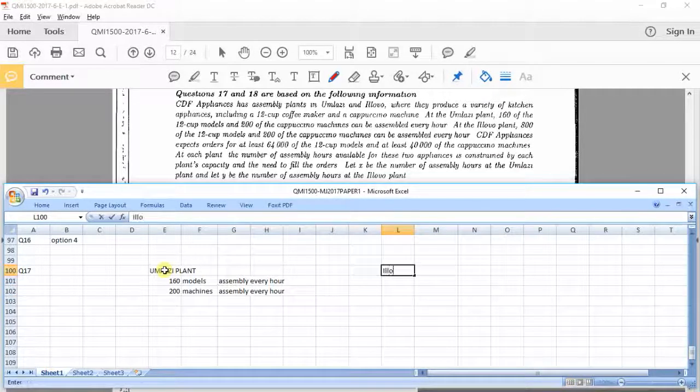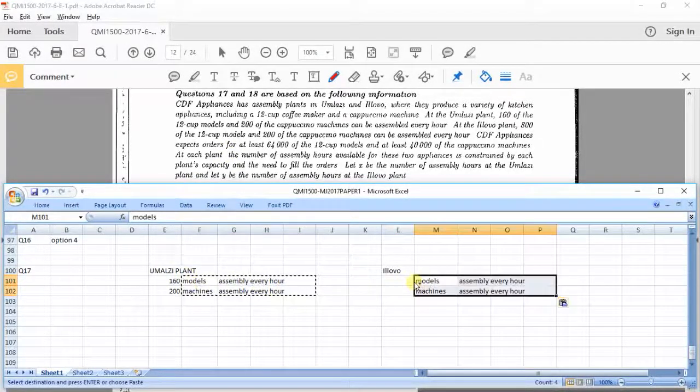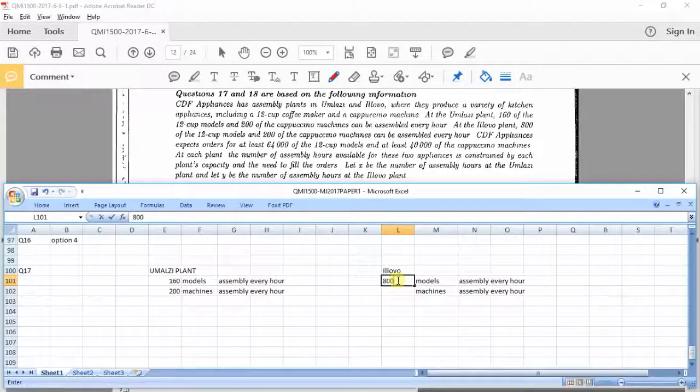Assembly every hour. Okay, at the Ilovo plant, 800 models and 200 machines can be assembled every hour.